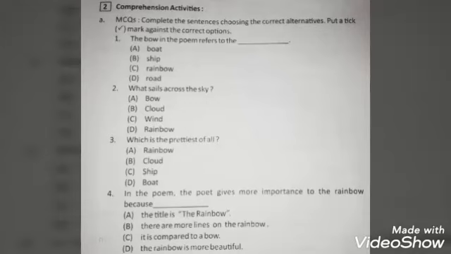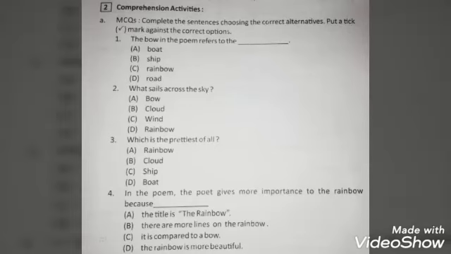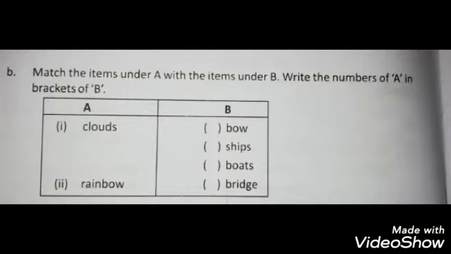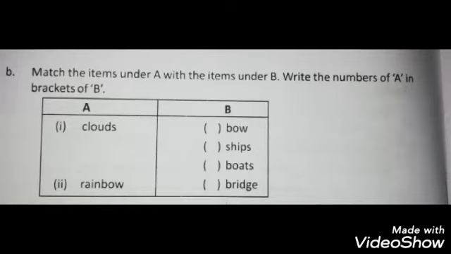Match the items under A with the items under B. Write the numbers in A in brackets of B. See children, there are two columns, column A and column B. In column A, there are two things written: one is clouds, second one is rainbow. And in column B, there are four words: bow, ships, boats, bridge.